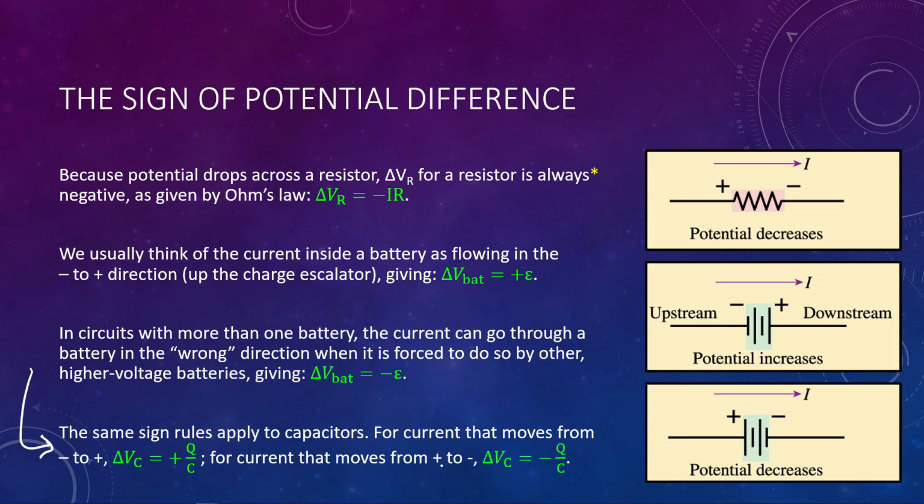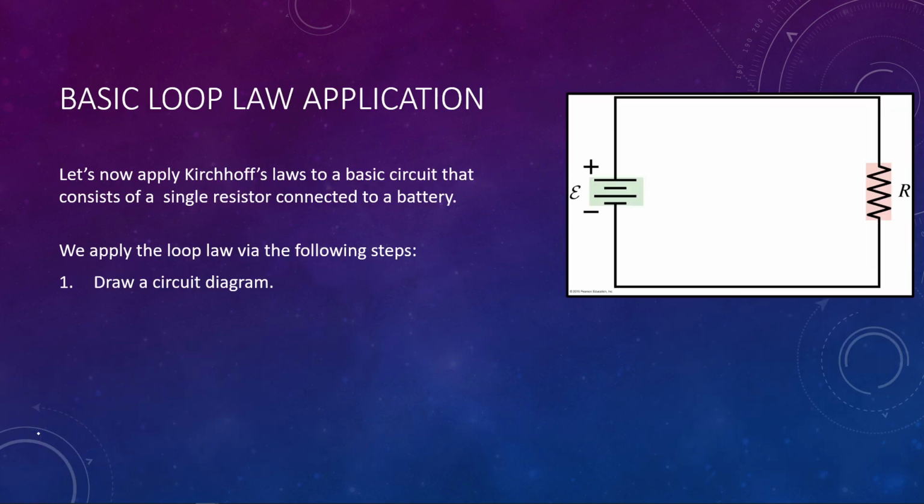If you're forced to move from the positive terminal to the negative terminal, or positive plate to the negative plate, then it would be a negative sign. But for now, we're not going to worry about our capacitors because we won't deal with them for 2 more lectures. So overall, these are your rules for plus or minus signs with potential difference.